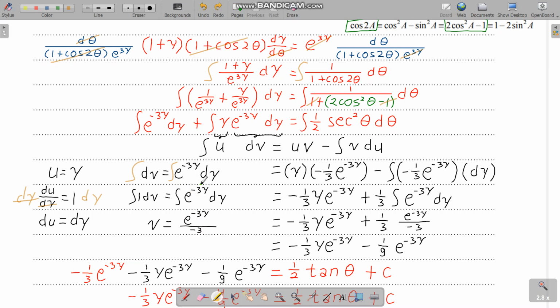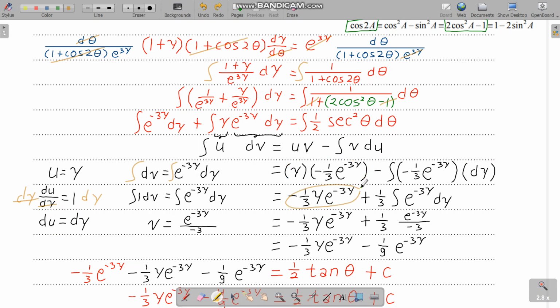So now we are ready to use integration by parts. The u is y, the v is minus 1/3 e to the power of minus 3y, and the du is dy. Okay, now simplify a little.